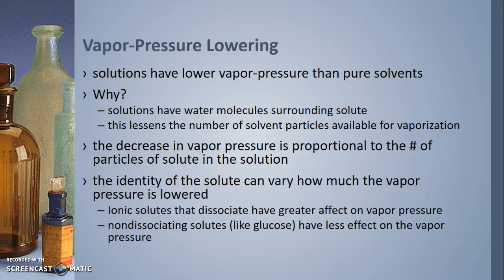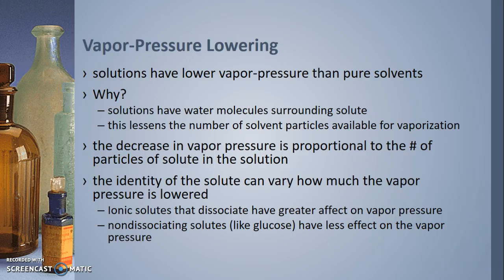What that means is if you have twice the number of solute particles, then you have twice the decrease in vapor pressure. If you have 3 times the number of particles, then you have 3 times the decrease in vapor pressure. The identity of the solute can vary how much the vapor pressure is lowered. So in other words, if you can remember, we watched Tyler DeWitt's video the other day about dissolving.